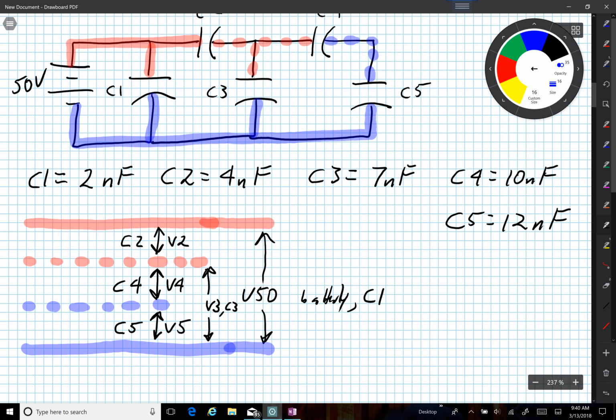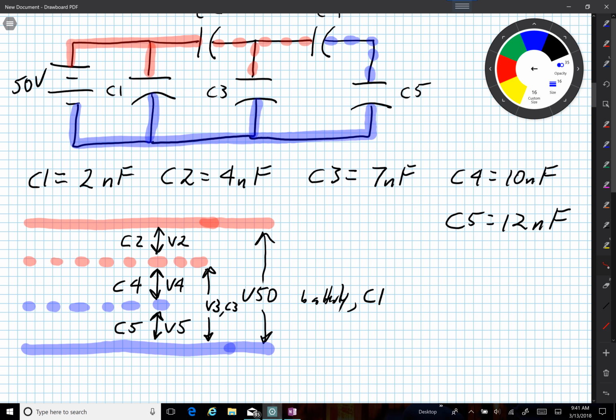I've got C1, which has the same color combination as the battery. I have C2, which is solid red, dashed red. I have C3, which is dashed red, solid blue. I have C4, which is dashed red, dashed blue. I have C5, which is dashed blue, solid blue. None of them have the same, except these two, right? These two have the same, okay?